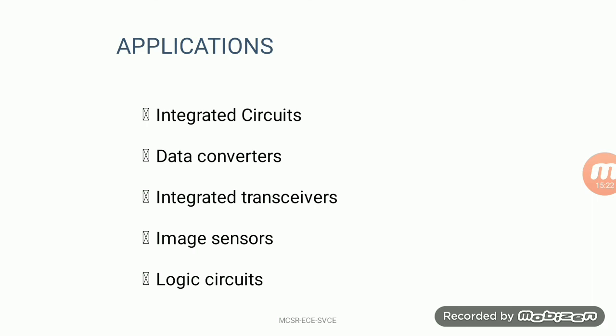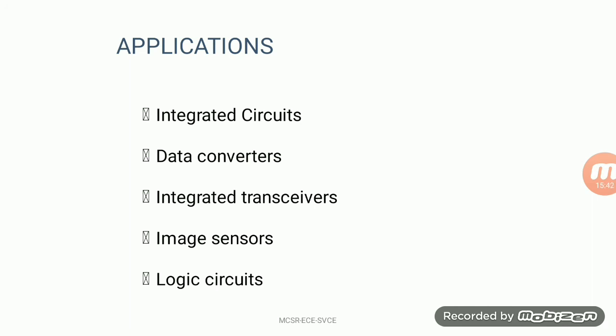Next, what are the applications of CMOS logic? These are two more questions: what are the advantages of CMOS logic, and what are the applications of CMOS logic? Applications means where we can use CMOS logic in real-time applications.